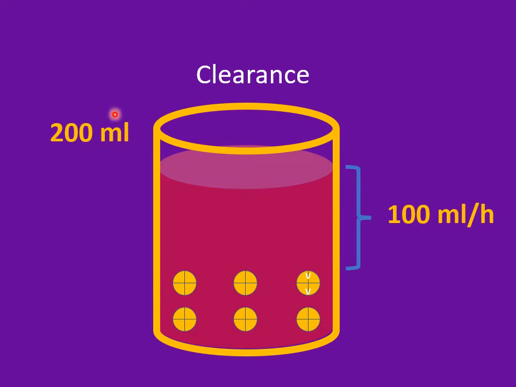So if we have 200 milliliters and an hour has passed of clearance, we will have 100 milliliters devoid of any solute, empty, and the other 100 milliliters will be in equal concentration of solute as before.